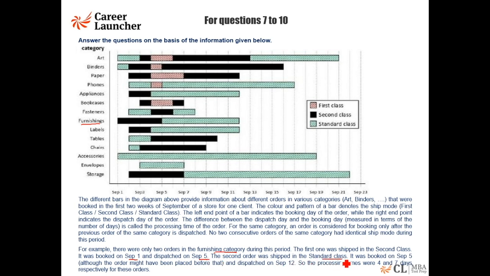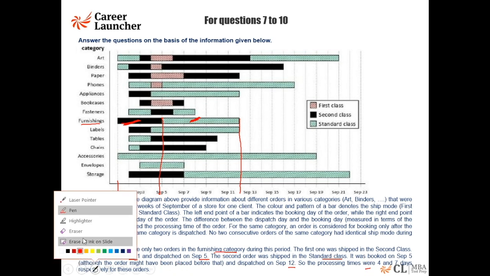Second order was shipped on standard class. So this is the first order and this is the second order. It was booked on September 5 and dispatched on September 12. So the processing times were 4 and 7 days respectively for these orders. Okay. So easy to understand.